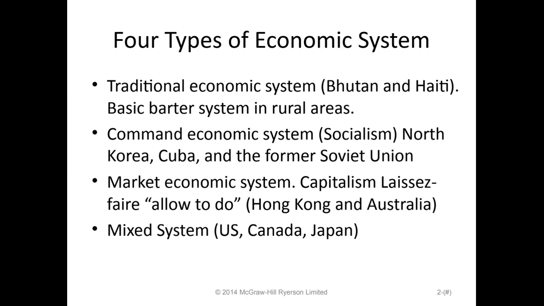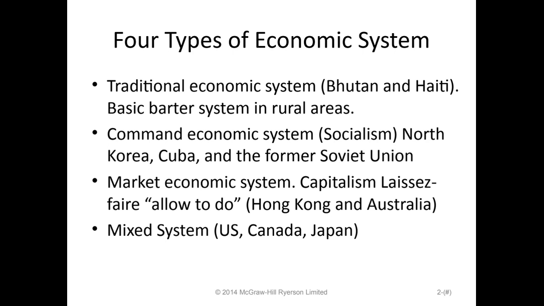But again, it's difficult because in some countries the role of government is much more than in other countries. For example, in Canada, the role of government is pretty severe, particularly in the health sector, which is completely owned by the government.